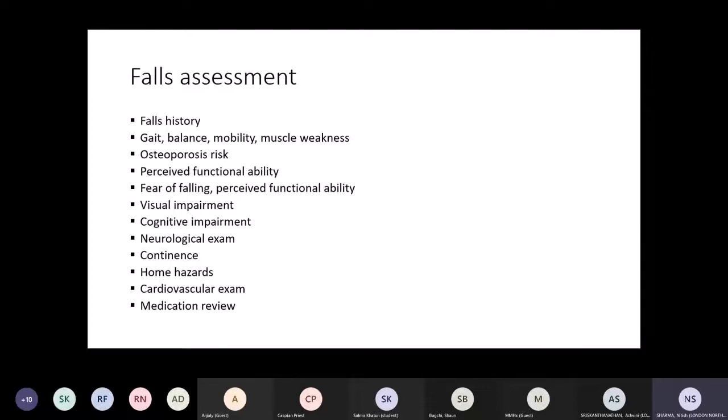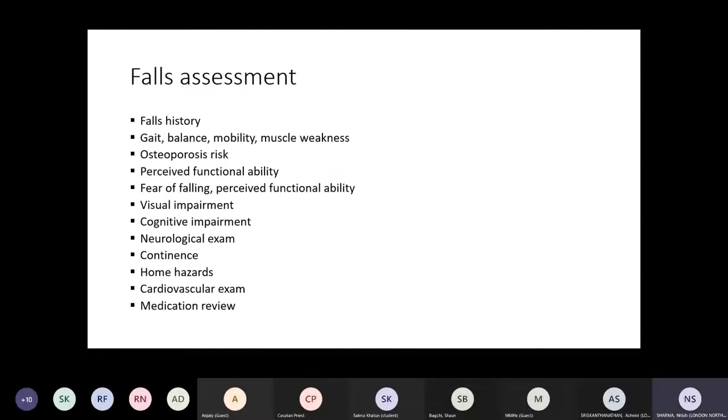Then visual impairment, cognitive impairment, neurological exam, very important to rule out a neurological cause. Continence is another very important thing to look at. If the patient had any bowel or bladder incontinence during the fall, this would again point to some neurological cause.